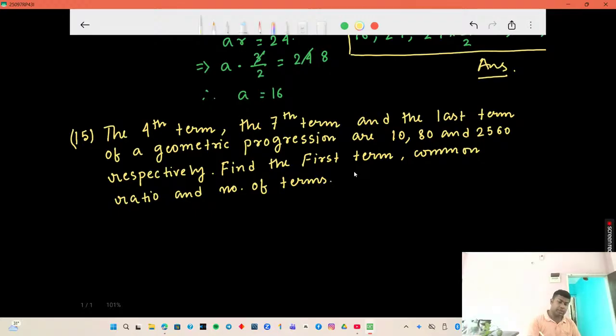So here the question is given as the fourth term, the seventh term, and the last term of a geometric progression are 10, 80, and 2560 respectively. Find the first term, the common ratio, and number of terms.